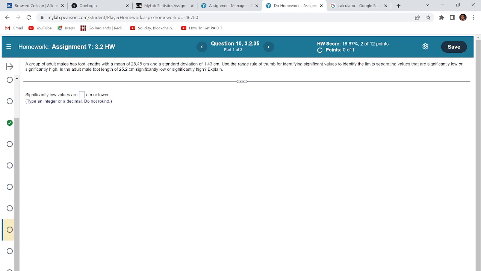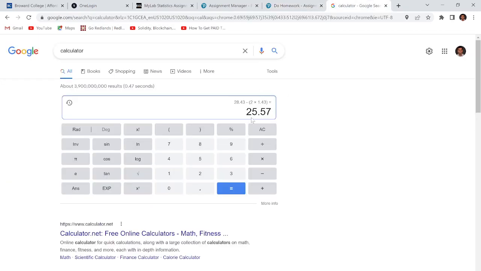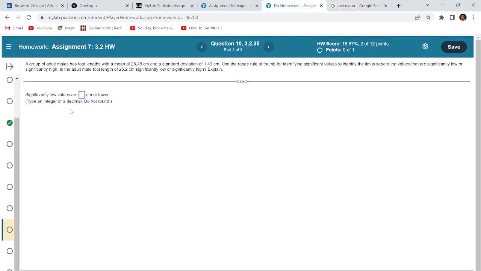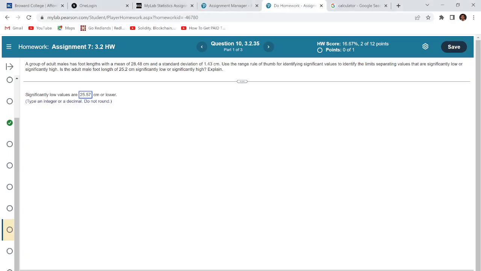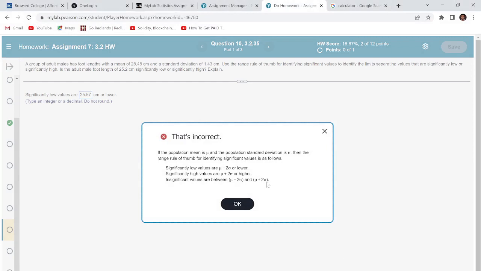Significantly low values are anything which is the mean minus 2 times the standard deviation, and according to this calculator it's 25.57, and we are writing it without rounding. Anything less than 25.57 is a significantly low value. So let's check the answer.